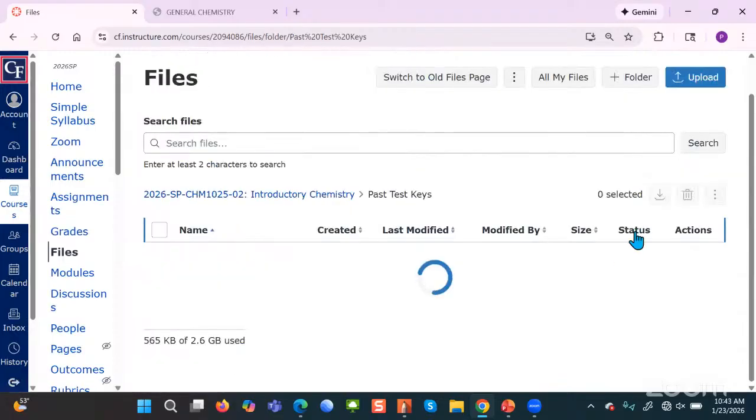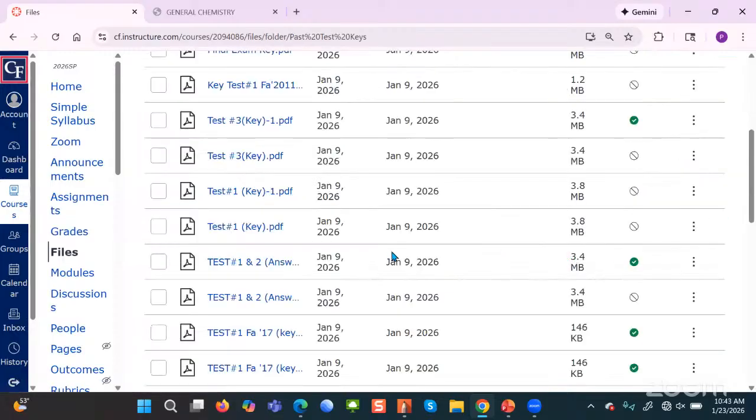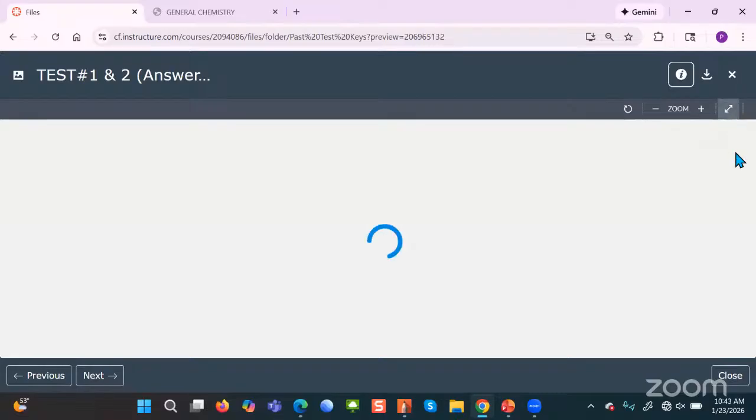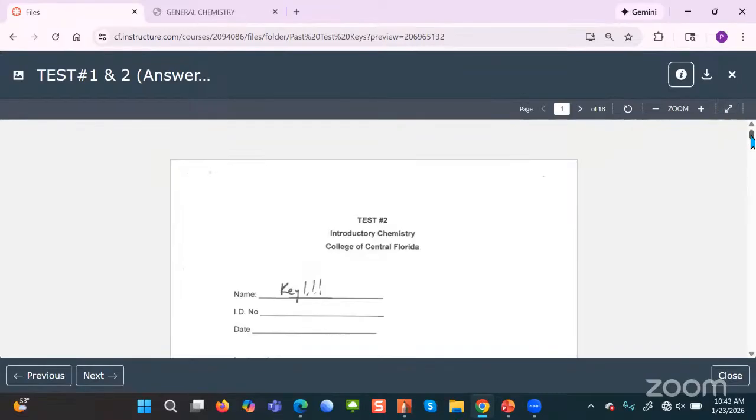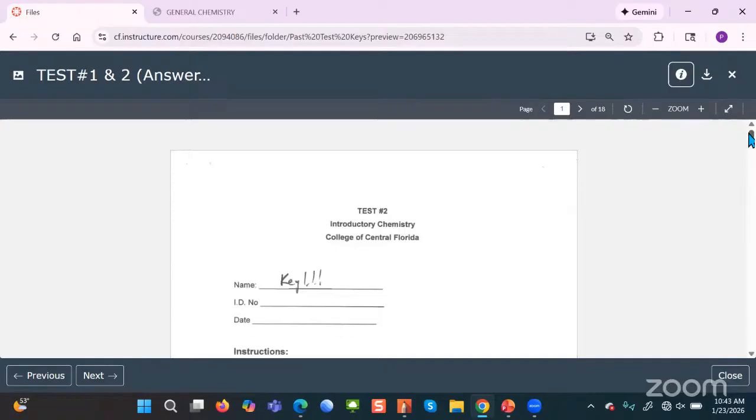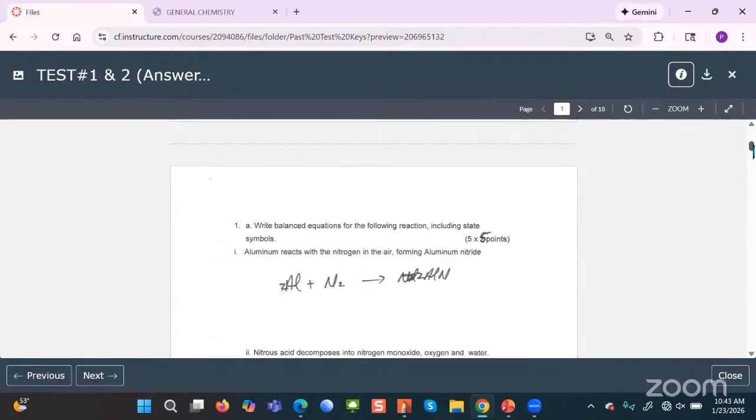Past test keys. And our first test is on the 3rd of February. Yep, that's the schedule. All right, let's see here. Just want to make sure this looks like something you can use. So this is the test answer key for test number 2.